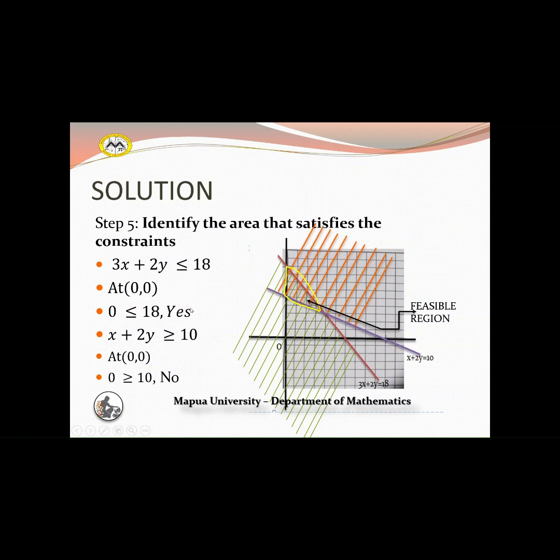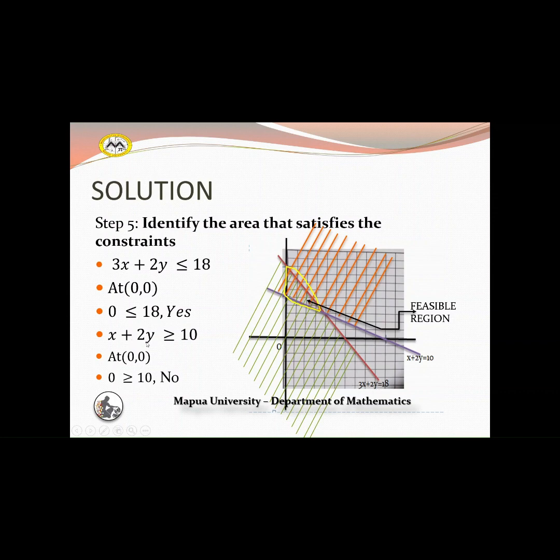The answer is yes. So from the corresponding boundary line, 3x plus 2y equal to 18, we shade the half-plane region of it, including the point (0, 0).